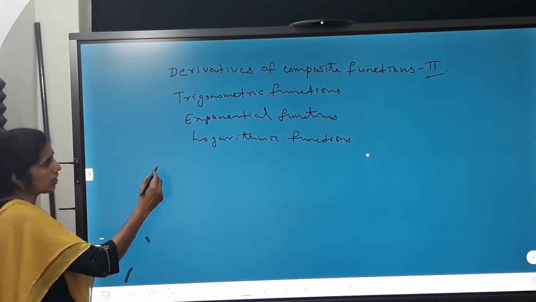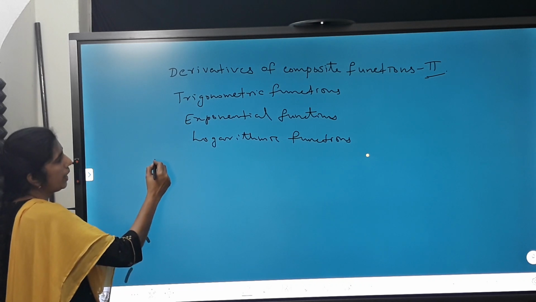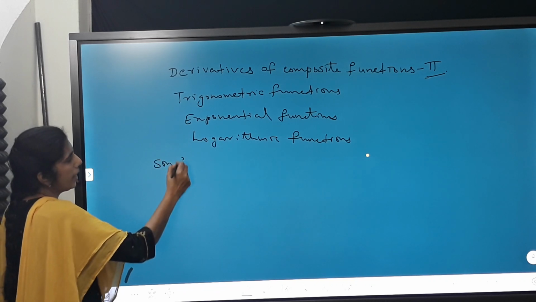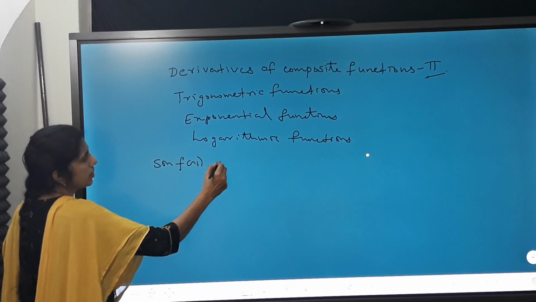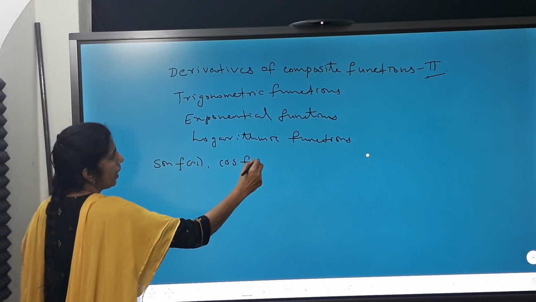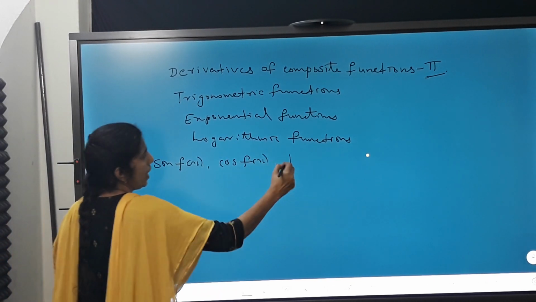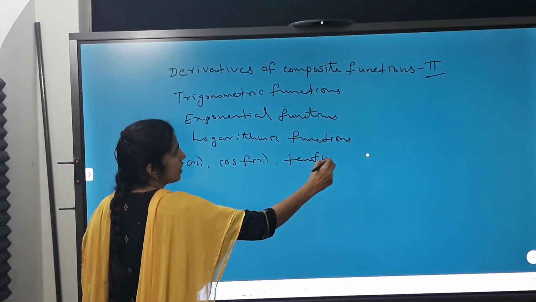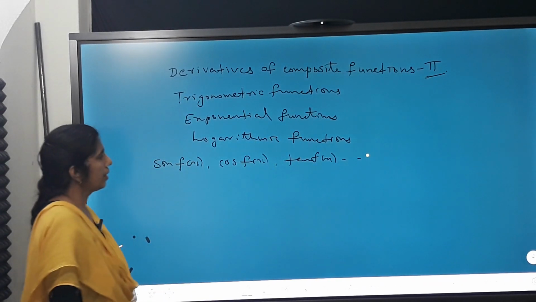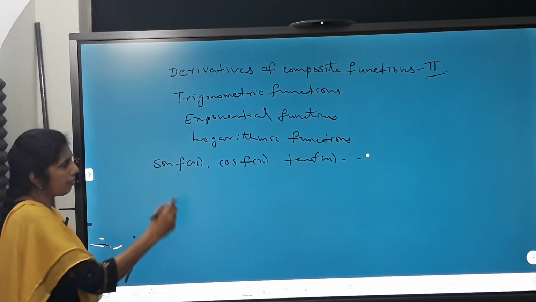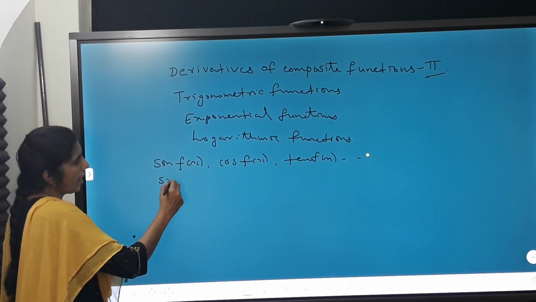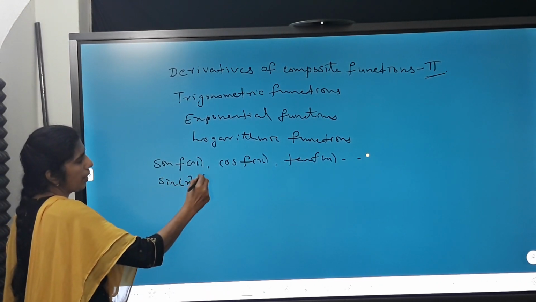Trigonometric composite functions are of the form, say, sine of f of x, cos of f of x, tan of f of x, etc. So, for example, sine of x square plus 1.